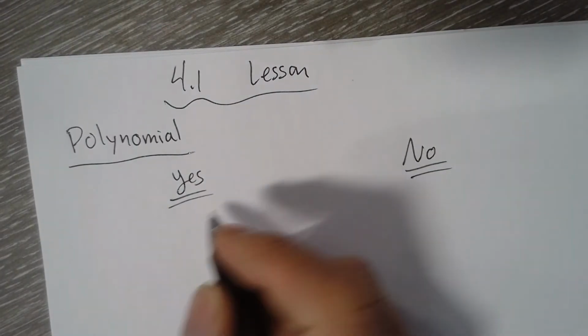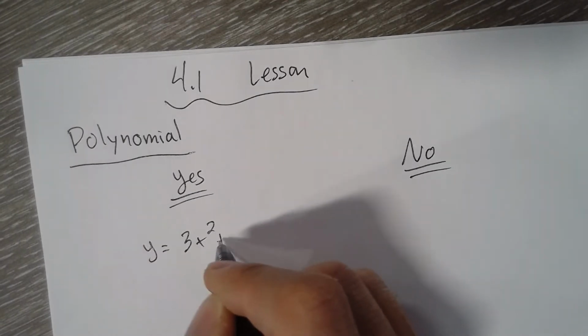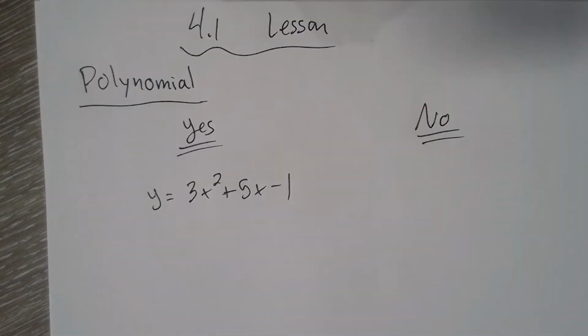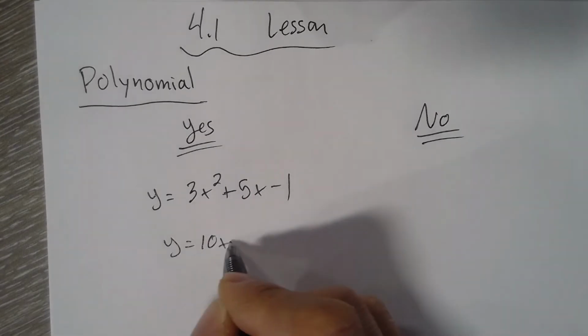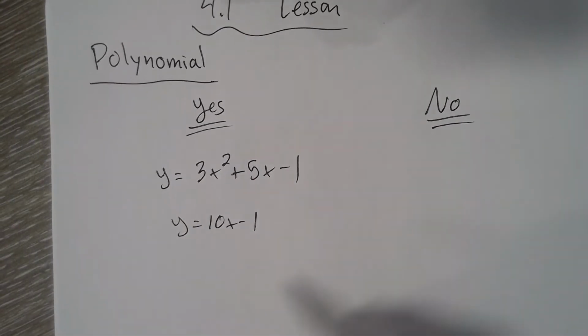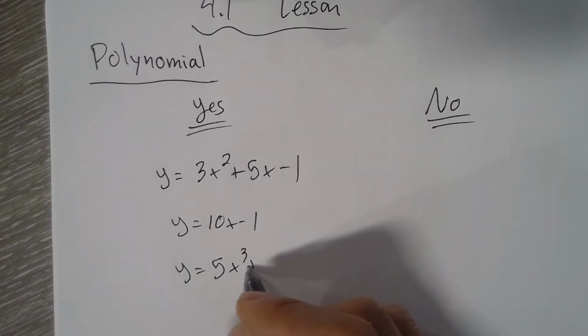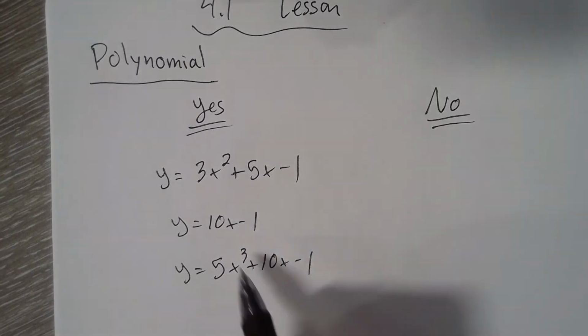So polynomials are like quadratic equations we've been working with. That's going to make a parabola. That's a polynomial. Lines are polynomials, 10x minus 1. We'll get into higher degree ones, like it might be 5x cubed, but it could also be a fourth or fifth.